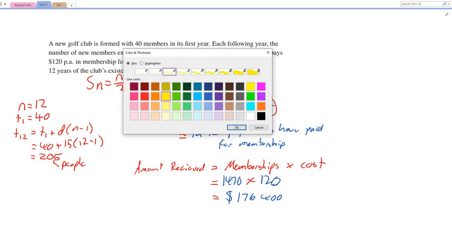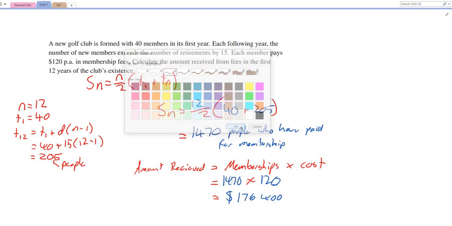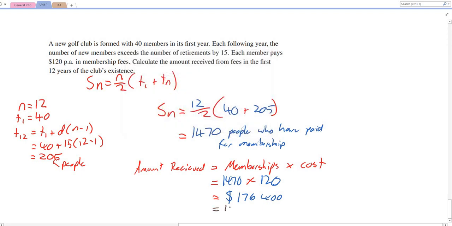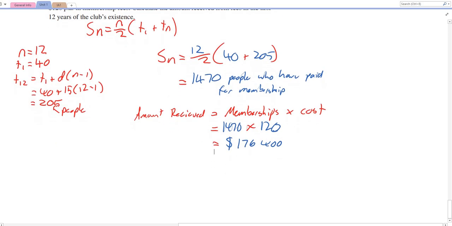Alright, we're hitting the real important stuff here. Okay, I'm going to do brown. Well, that's one too many zeros. Can everyone see brown all right? But if I do this, it's recorded and it's in the OneNote forever.